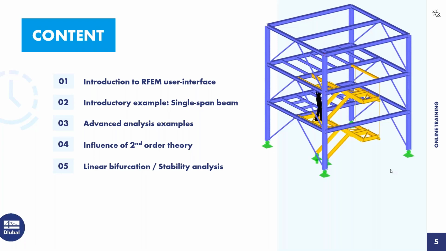Then we have numerous advanced analysis examples that are mostly static. In the end, we will explore the possibilities of higher order theories, like the influence of second order theory and how you can take care of this within RFEM. Then we will also do a small and easy example for a linear bifurcation or stability analysis.